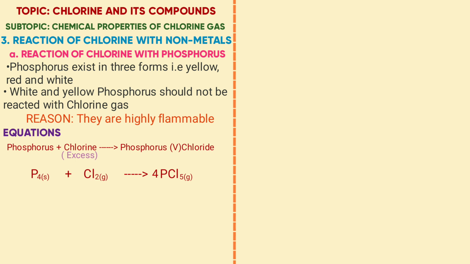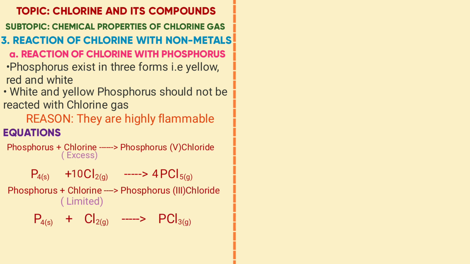Next is phosphorus plus limited chlorine, which gives phosphorus 3 chloride. Chemical equation: P4 solid plus Cl2 gas arrow PCl3 gas.